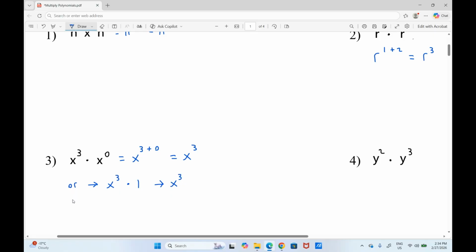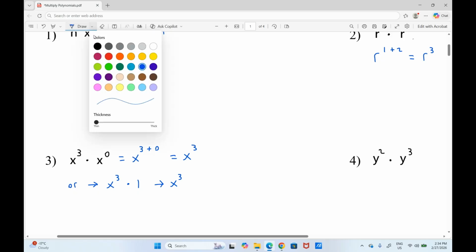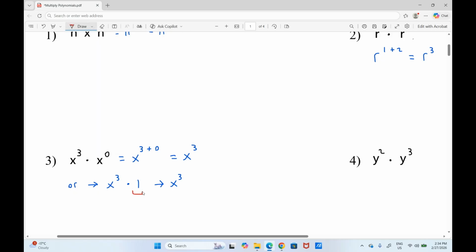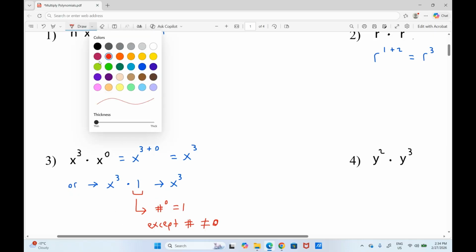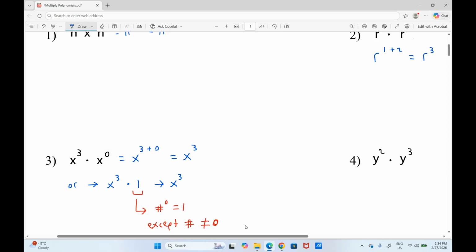So either way works, but if you use this method, you would have to recognize that in order to get 1, you got it because a number to the power of 0 would equal 1. Except that number cannot equal 0, because 0 to the power of 0 is actually undefined. But any other number to the power of 0 would be 1. So that's just a review of exponent laws that you can watch in one of my previous videos.